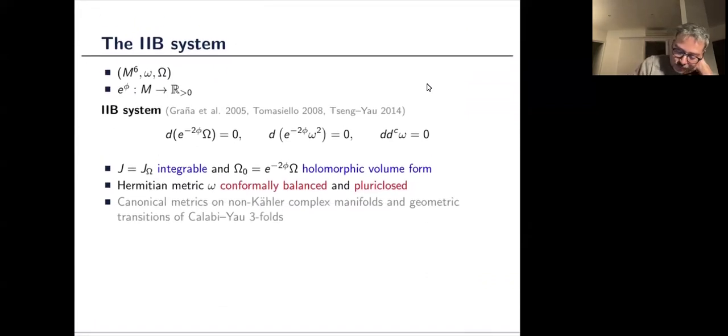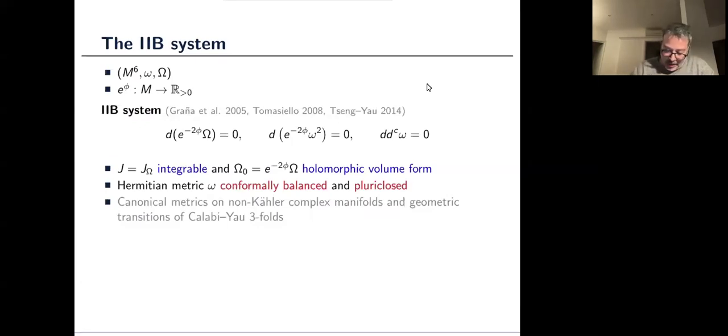The first condition, up to the conformal factor e to the minus phi, implies that the almost complex structure is actually integrable, and that the rescaled complex volume form is holomorphic. So M is a complex threefold with a holomorphically trivialized canonical line bundle.